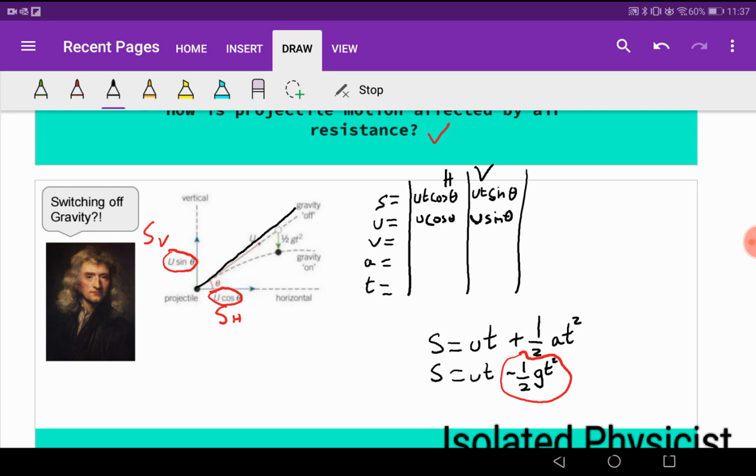Excuse me. Now, if we put gravity back on, that's what gives us this nice parabolic shape. Because if we look at the distance now in the vertical plane, we are going to get minus a half gt squared added on.